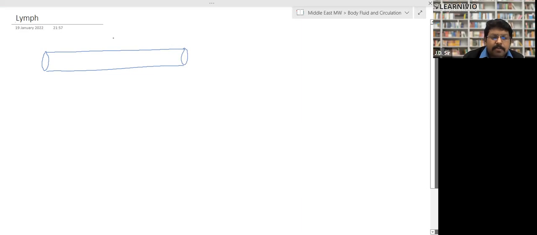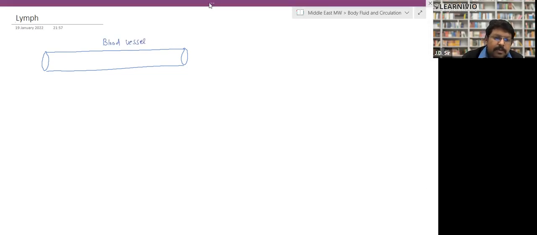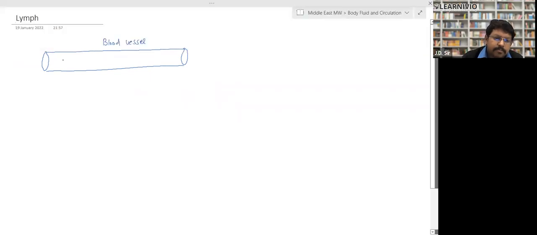It may be a blood capillary, artery, or vein. Inside the blood vessel, blood is flowing.